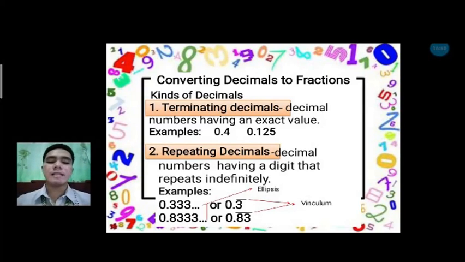So here in 0.333, the repeated digit is 3. Here, the repeated digit is only 3. So the repeated digit here is 3 also in 0.833. It should be 0.83 with vinculum at the top of the digit 3.